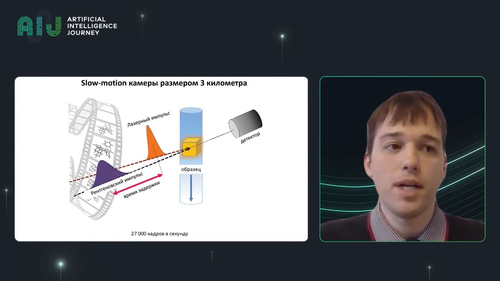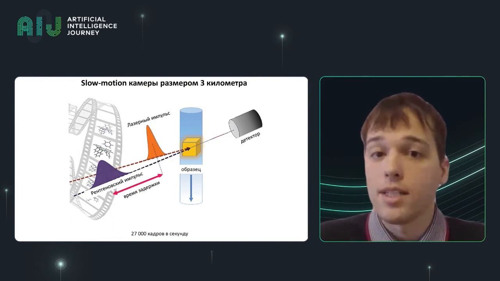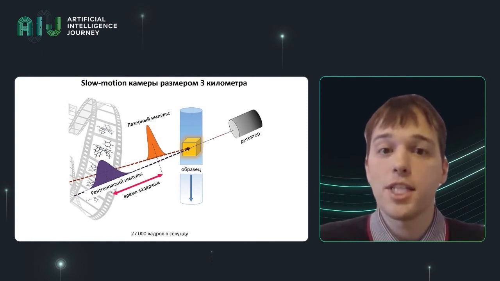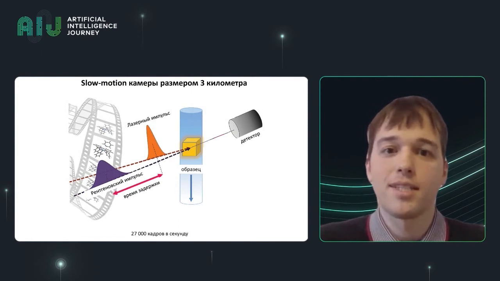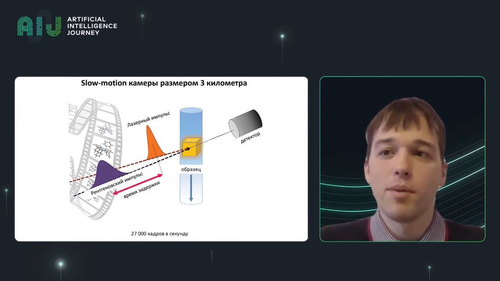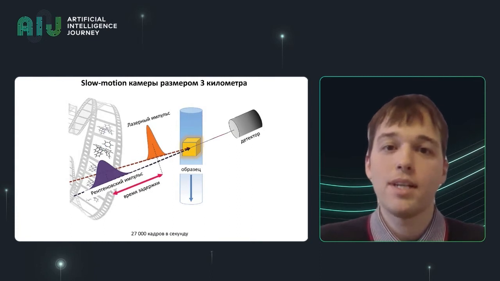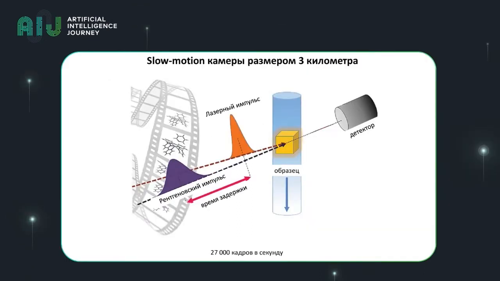Usually you put the sample into fast-running water, because of course X-ray destroys the sample immediately right after making a photo, so we push a new portion of the sample, and after the laser impulse there's an X-ray impulse that makes the photo.